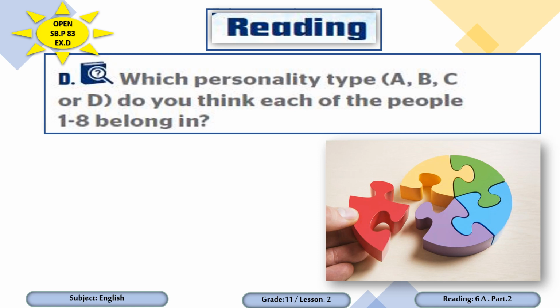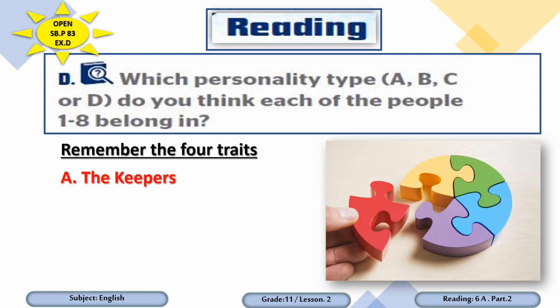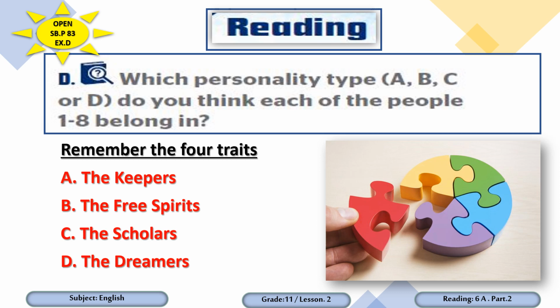Please, before doing this exercise, try to remember the 4 traits. A for the keepers, B for the free spirits, C for the scholars, and D for the dreamers.